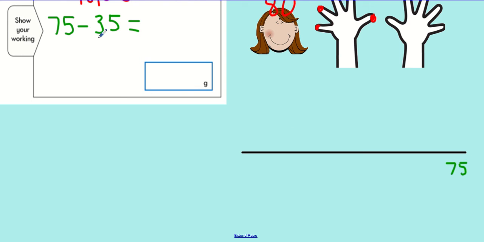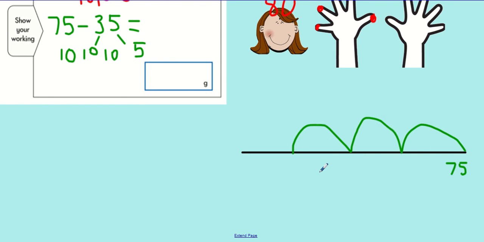We're going to split up this smaller number into tens and ones so we know what we're working with. So it's made of 10 and 10 and 10, 3 lots of 10 and 5, isn't it? So starting with the tens, it's 3 jumps back, isn't it? 3 jumps of 10 because there are 3 tens in 35.